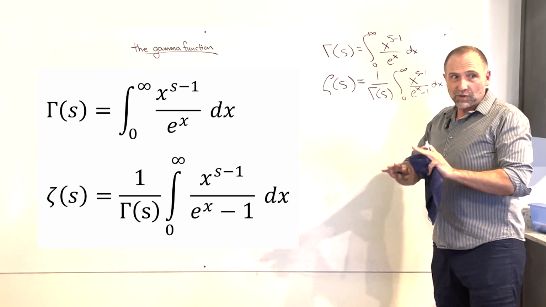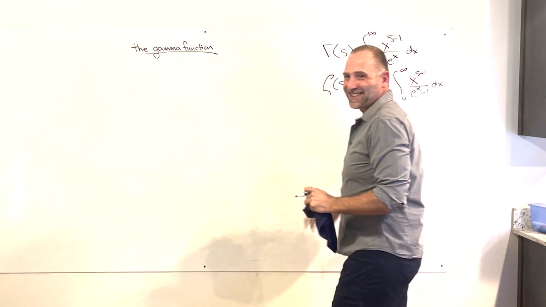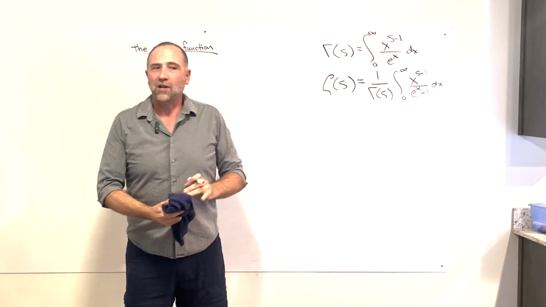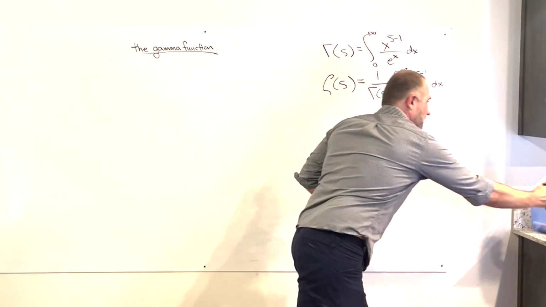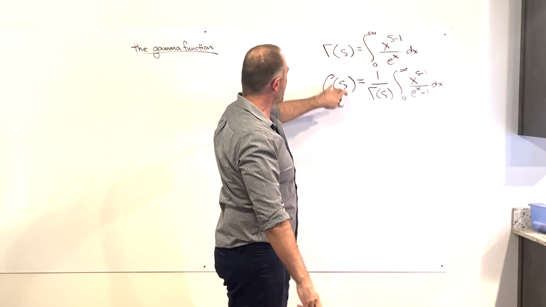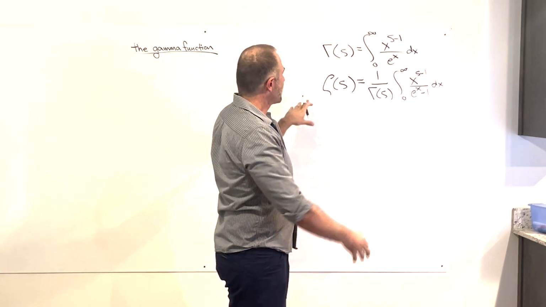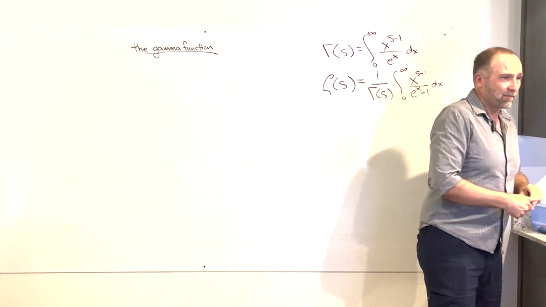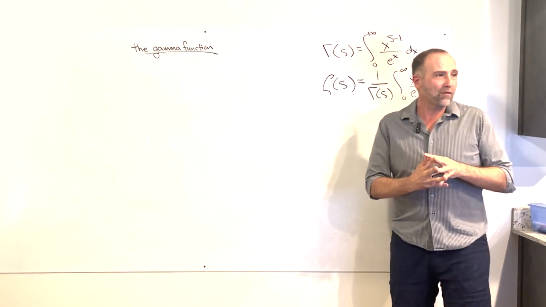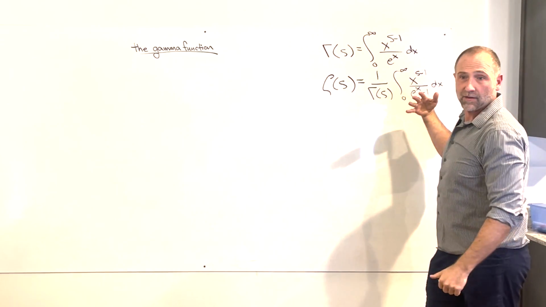The whole thing would just be 1 if this 1 wasn't there. So really it's kind of a double copy of the gamma function with an offset. But the zeta function, of course, is the one whose zeros are directly related to all the primes, and there are a lot of central questions that people famously know about it. We want to focus more on the gamma function, a simpler version to start with.